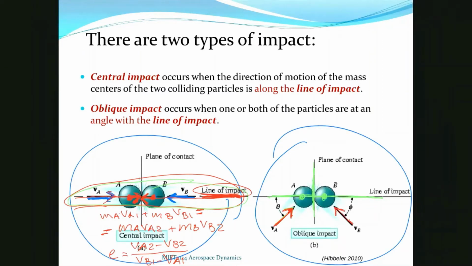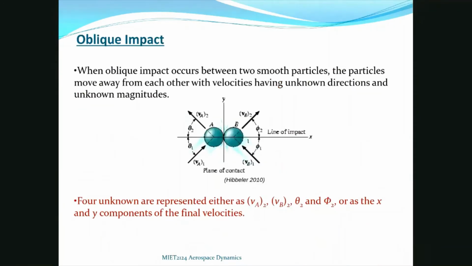It will be more complicated, and we will have to analyze not only in this direction, but in this direction as well. We use two axes to analyze oblique impact. The line of impact, no worries, going through the centers of gravity, and the plane of contact.